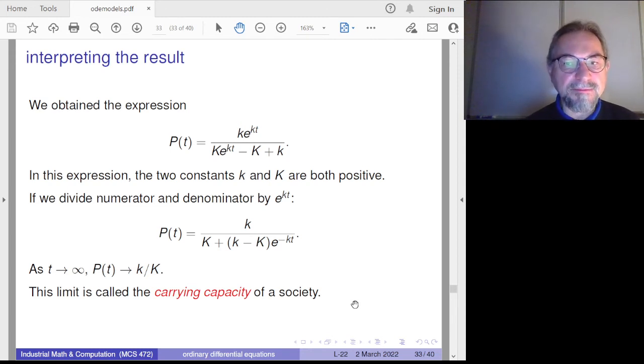But the carrying capacity would be, and I should probably draw something or have drawn something, so that's the horizontal asymptote.